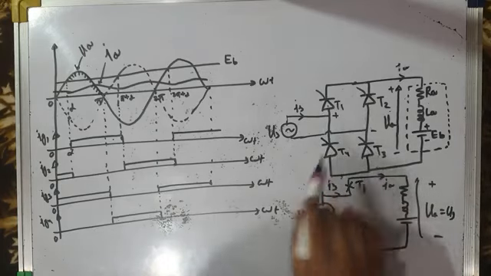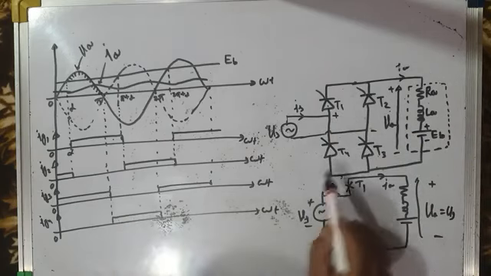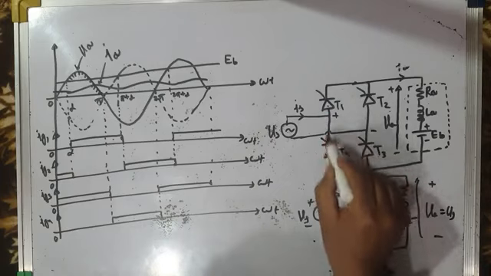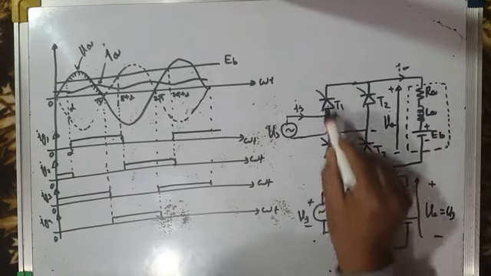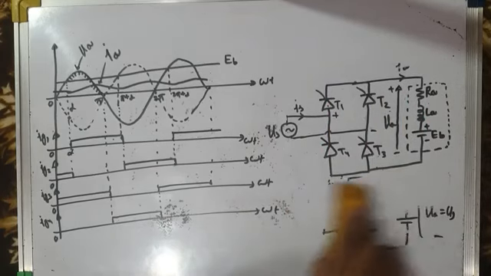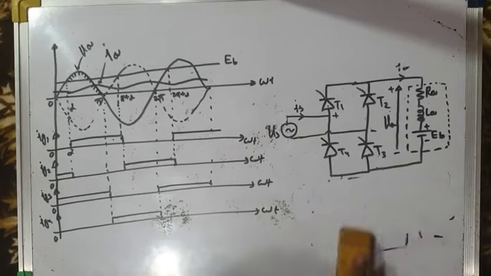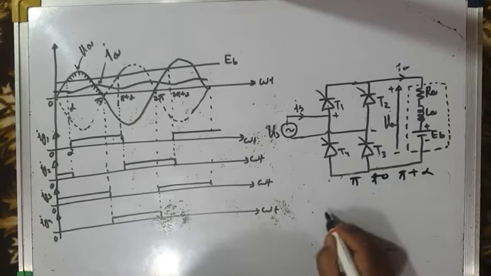And which other device is conducting along with T1? T4, because T4 has also been fired. So T1 and T4 will conduct. So inductor will release energy and current will circulate like this. It is freewheeling action. Let me show you the equivalent circuit. So from pi to pi plus alpha, equivalent circuit will be like this.